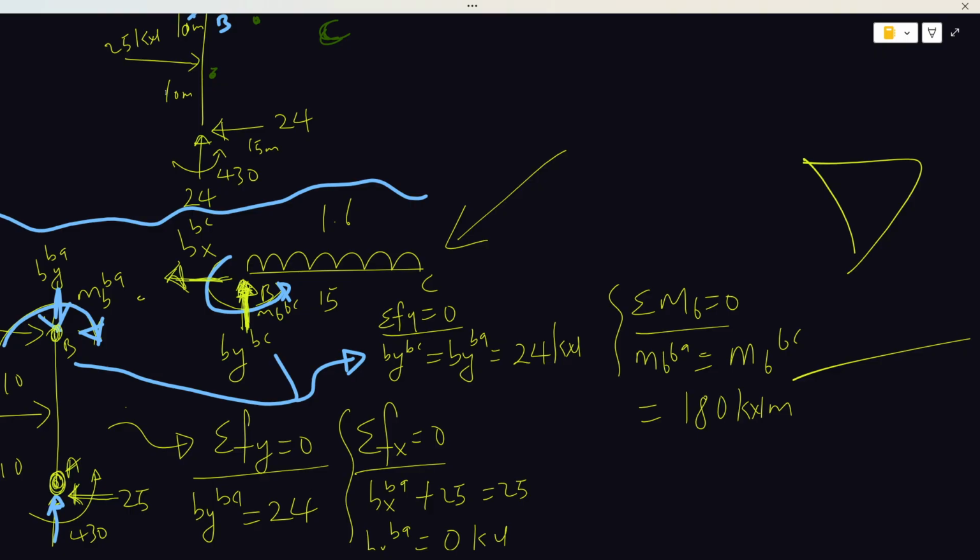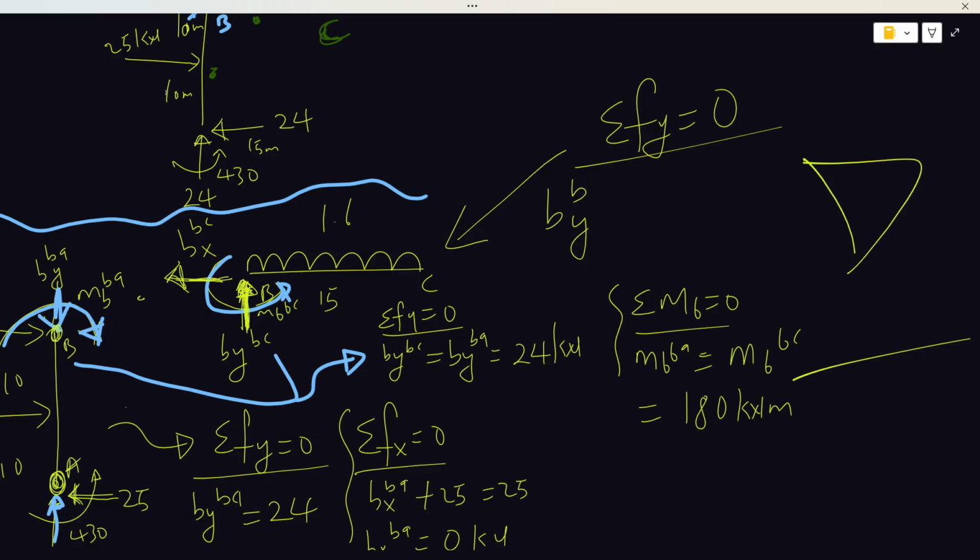What do I mean? Let us apply the equilibrium equation to member BC. You see what I mean? Summation Fy is equal to 0. The way I like to think of it is upward is equal to downward.